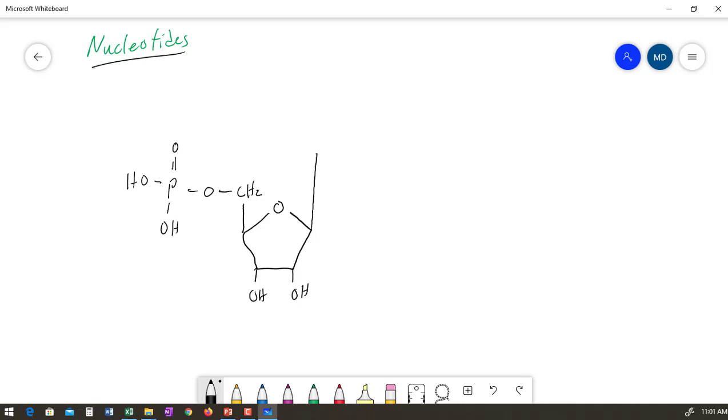But here we're going to have what's called a nitrogenous base, and that's going to have nitrogen in it. We'll still have our ring structure here. So I am going to draw adenine here. And then there's some double bonds here too.